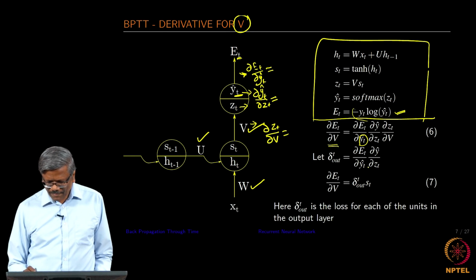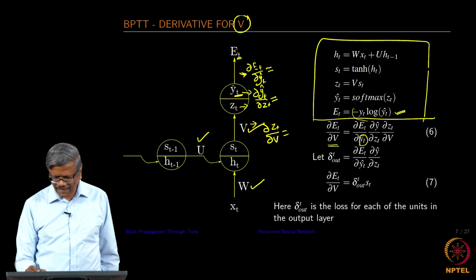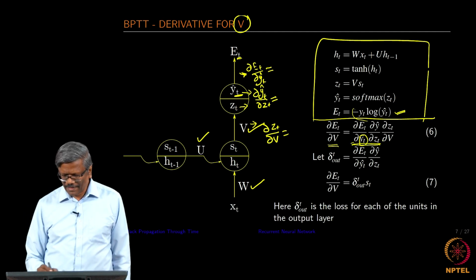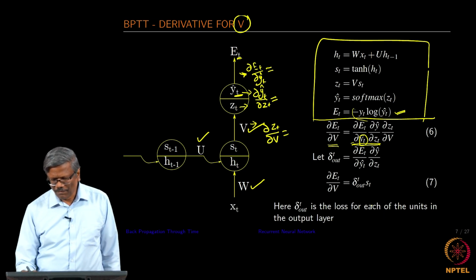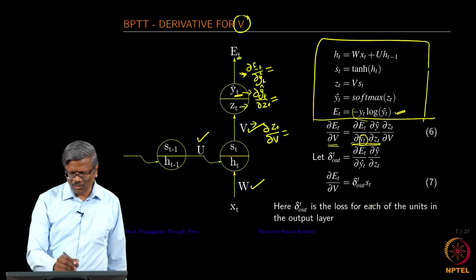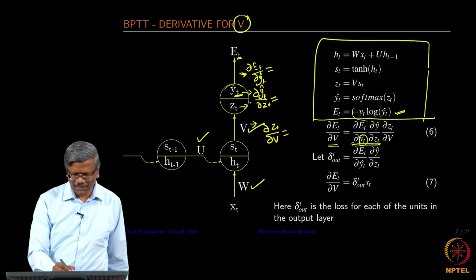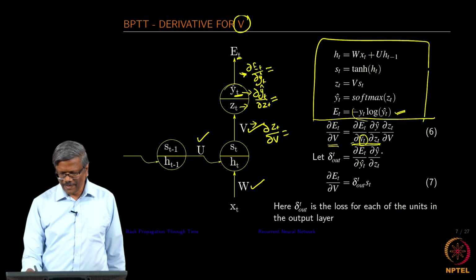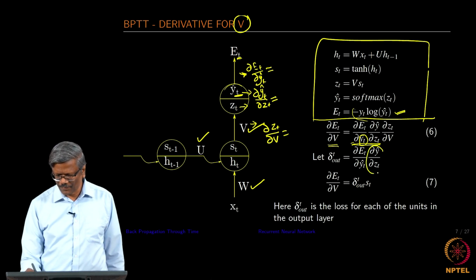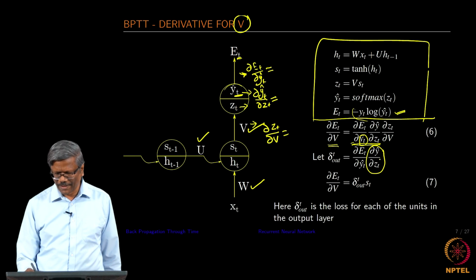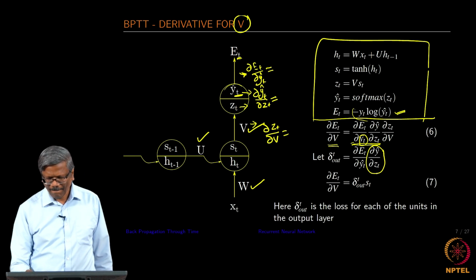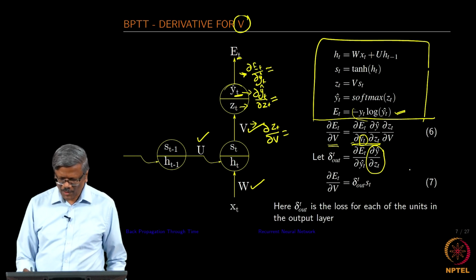What we have done here is, we are taking these two and calling it delta out t. This is going to be the loss for each of the units in the output layer. So, we call it delta out t, and then when you do the partial differentiation of dy t by dz t, what do you get?